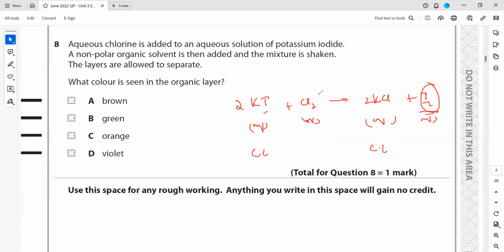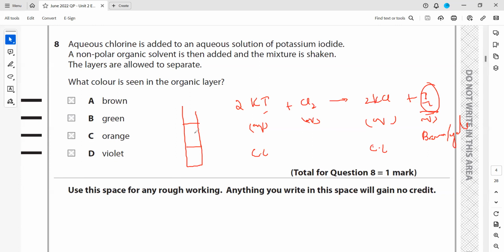That is the first thing. Then a non-polar organic solvent is added. So what will happen? Iodine is more soluble in organic solvents. The color of iodine in aqueous solution, for example in water, is brown or yellow. But when dissolved in an organic solvent, it will be violet.